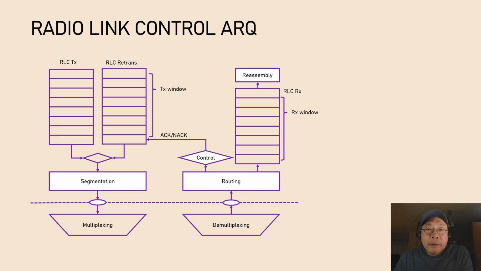Both the RLC-retrans and RLC-RX queues have TX and RX windows, which are adjusted according to the 3GPP TS 38.322 specification. A detailed explanation of their operations will be provided in the next slide.